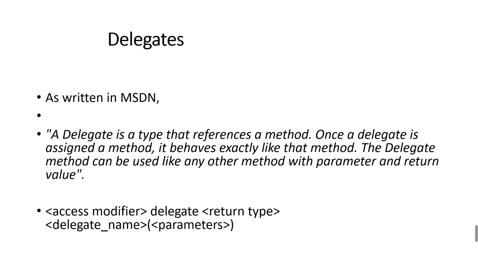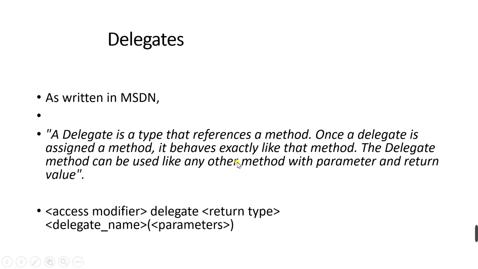Basically, delegates serve as a function pointer that was in C++. So basically these are the function pointers. .NET C Sharp doesn't provide pointers, so they have generated delegates, and delegates work the same as function pointers in C++.